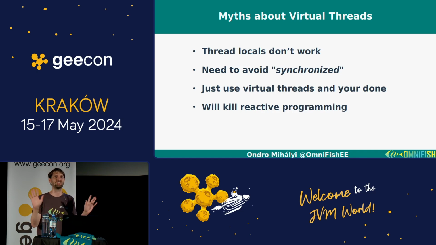I don't know if anybody did some native calls through JNI. You probably also know that it's very rare, and it's very rare to do it in a synchronized block. So again, there is some truth to avoiding synchronized with virtual threads, but actually the danger is only in very edge cases, which most probably don't happen in your life.